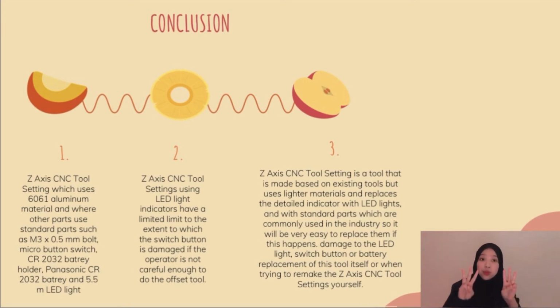In number 3, Z-axis CNC tool setting is a tool that is made based on existing tools but uses lighter materials and replaces the detail indicator with LED lights and with standard parts which are commonly used in the industry, so it will be very easy to replace them if damage happens to the LED lights, switch button or battery, or when trying to remake the Z-axis CNC tool setting yourself.